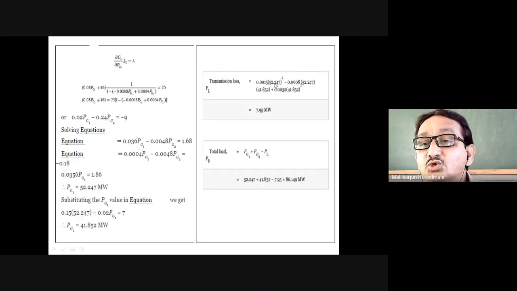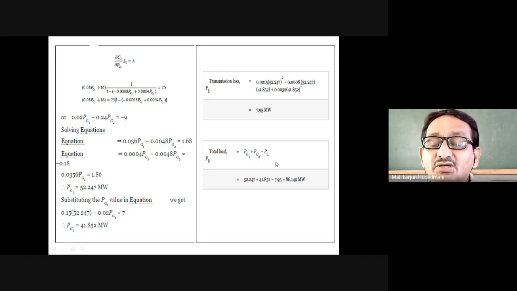So this substitution of PG1 and PG2 leads to 7.95 megawatt as a loss. Then what is the exact load? Demand is actual PG1 plus PG2 minus the loss.